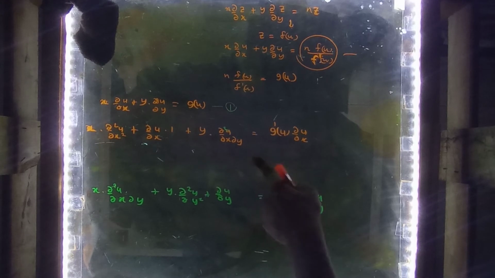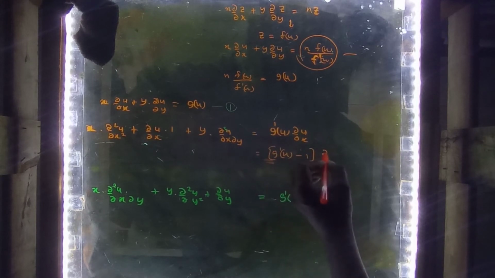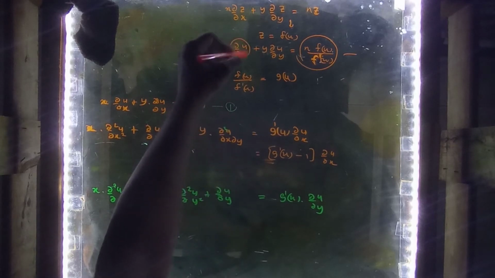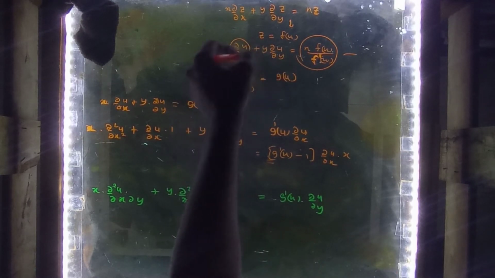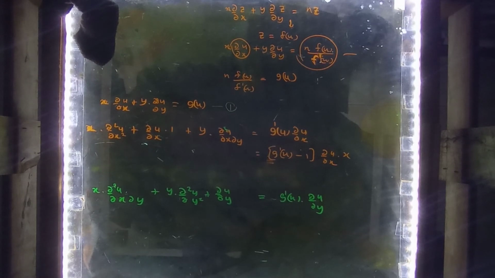So it becomes g prime of u minus 1 times partial u with respect to x. Therefore I'm going to multiply both sides by x, to construct this expression again. Then only I'm able to see the nice relationship between these two expressions.